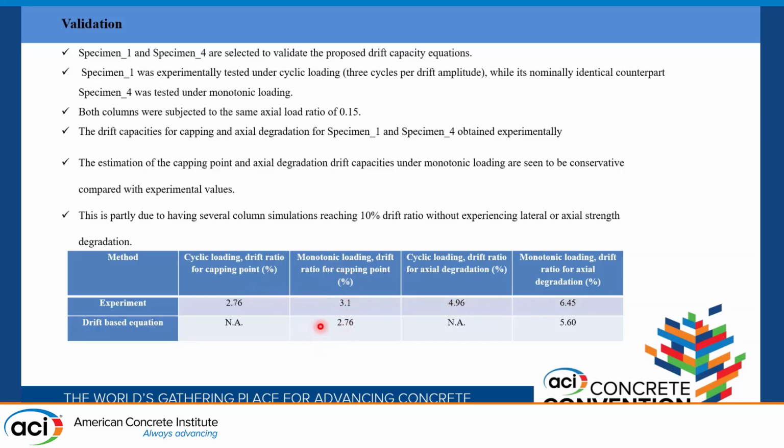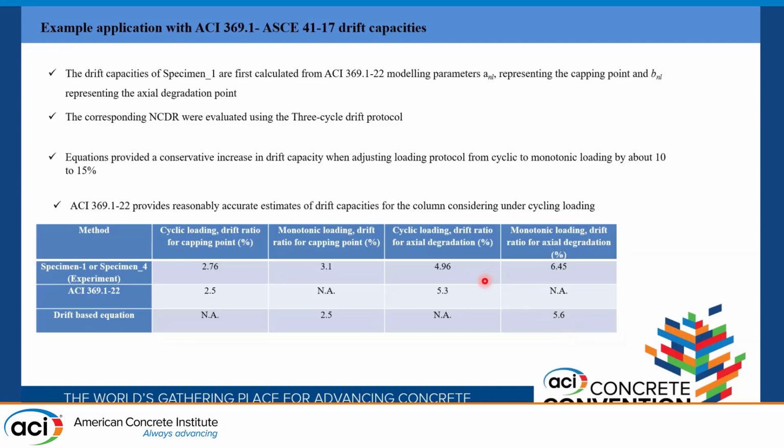We developed an equation and we used that. So we got 2.76 for monotonic. It's a bit conservative for the axial one. And we got 5.6 with our equation for monotonic axial failure, which is a bit conservative again. We compared that with ACI 369. The whole purpose of the research is to adjust the ACI 369 nonlinear modeling parameters. And we compared them with the results as well.